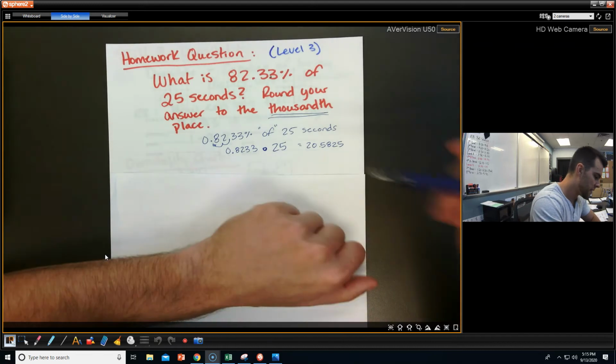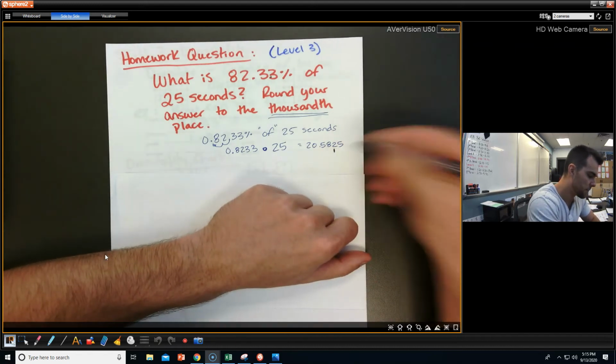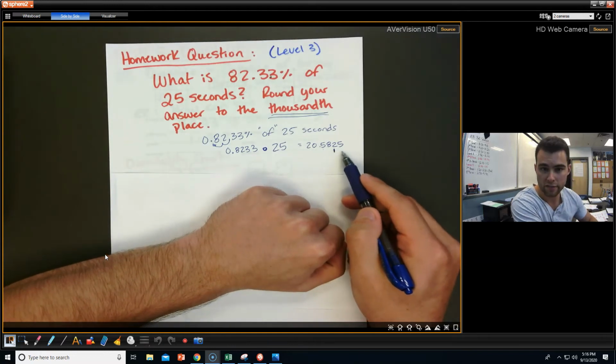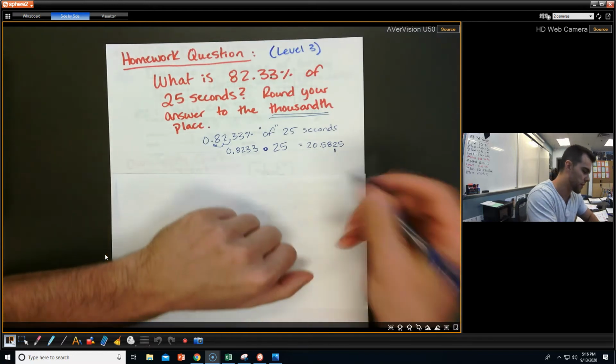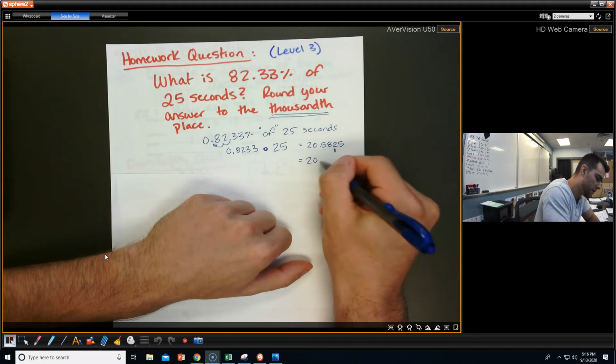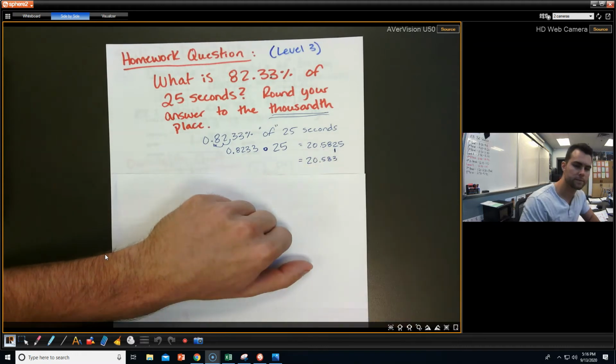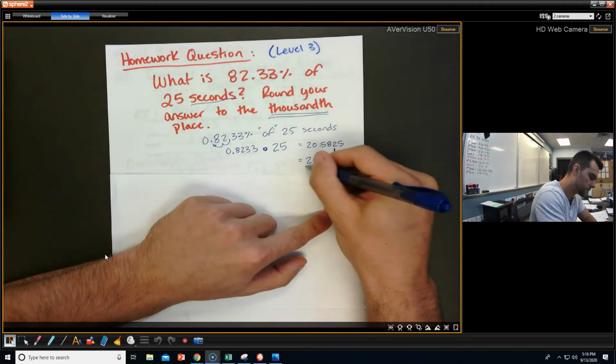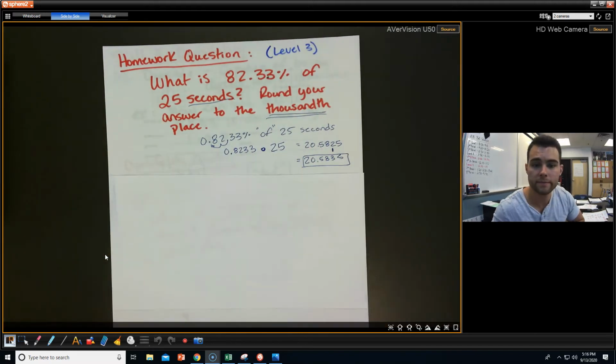So again, I find my thousandths place. Hey, it's right here. Tenths, hundredths, thousandths. I look to the right. That's 5 or larger, so this guy goes up to 3. So my final answer is 20.583. And what were my units? Seconds. And then we're done. That's not a 5, that is a horrible looking S.